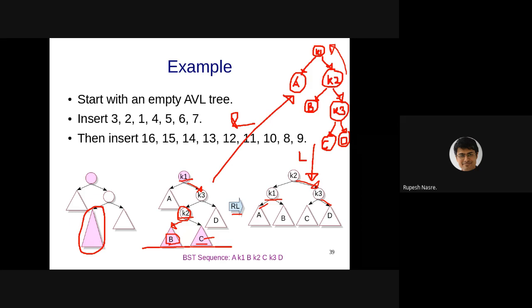That needs to be adopted by K1, because K1's right child is no longer going to be there, and we have to maintain the BST property also. So K1 adopts B here. That was the adoption happening in the L case, and this is the adoption of C happening in the R case.